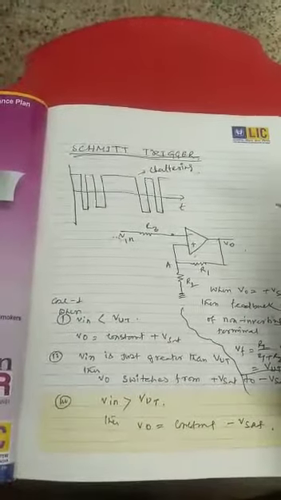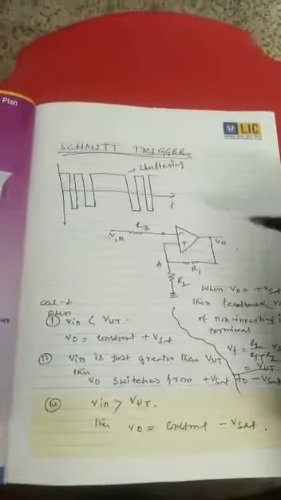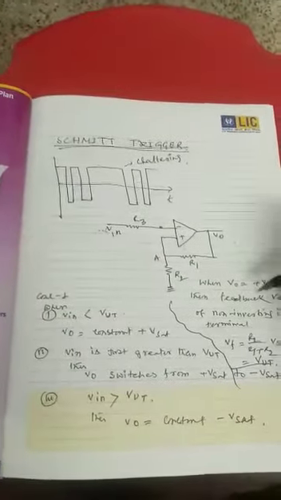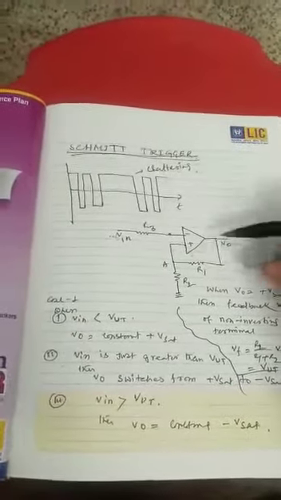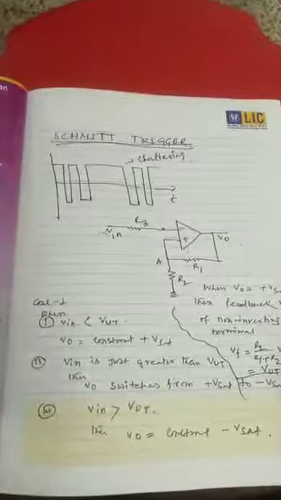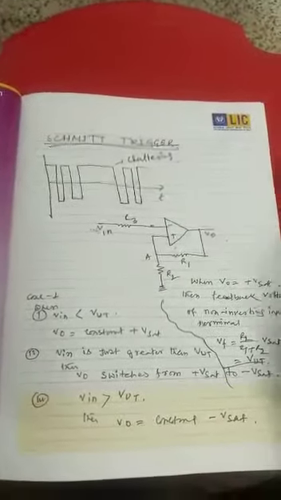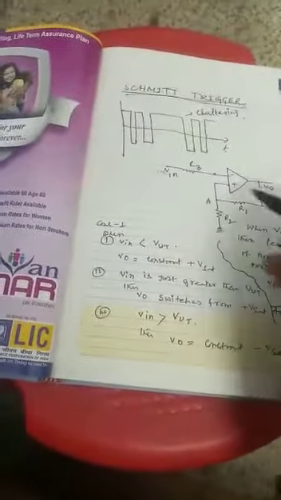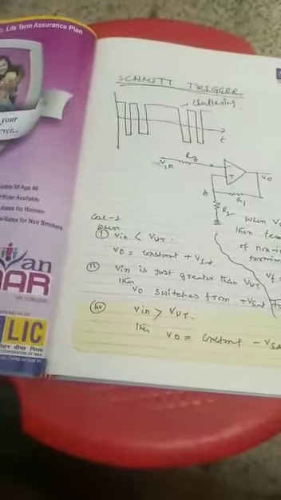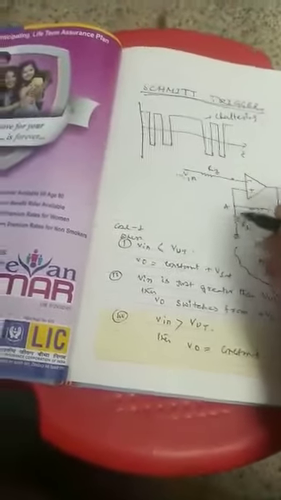Suppose the output voltage V0 is equal to plus Vsat. The feedback voltage at the non-inverting terminal is through the resistance R2.